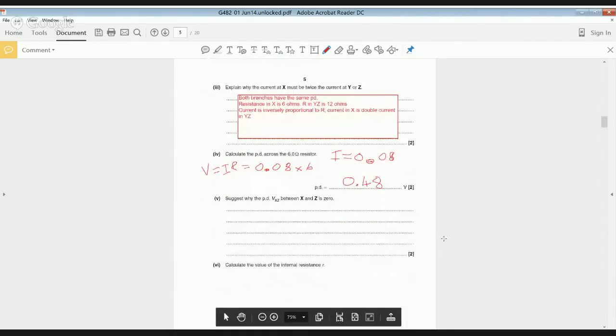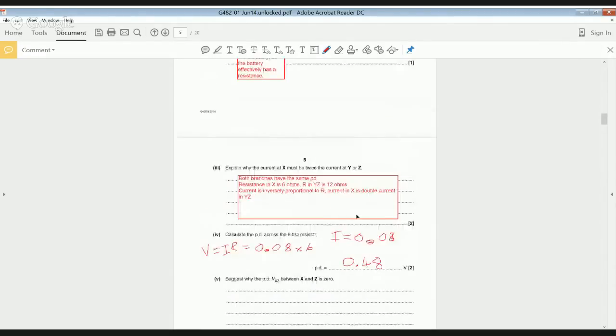Now, part 5 here, exceptionally tricky question. Not hugely difficult to understand, but quite difficult to put across in words. It asks why the potential difference Vxz between X and Z is 0. So let's take a look back up here.